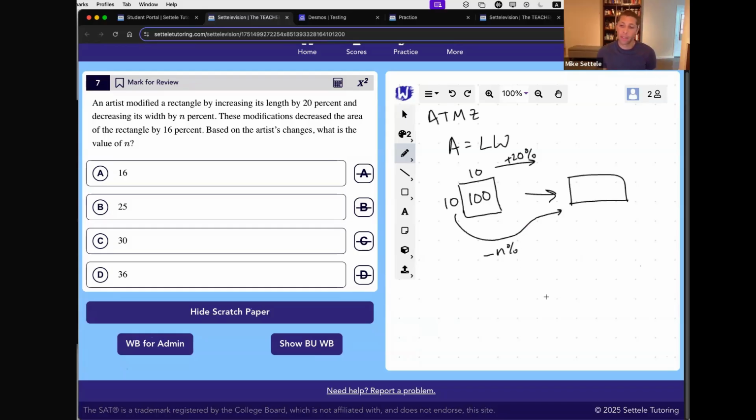Ooh, that's annoying. But this is not that annoying. Decreasing 100 by any percent is very convenient. Very convenient.